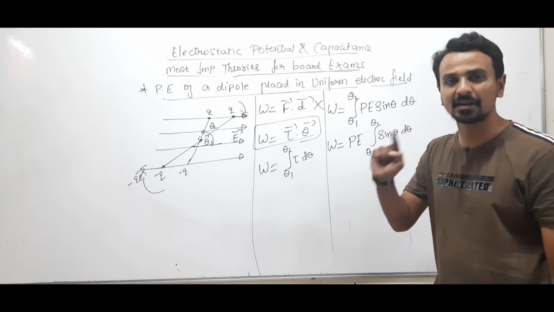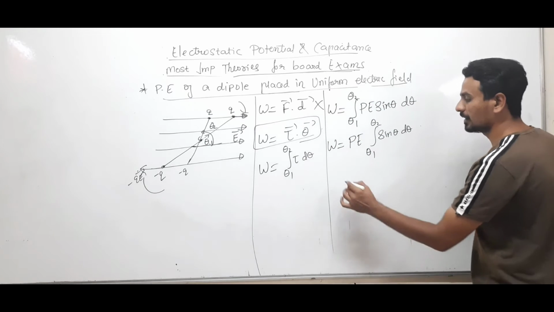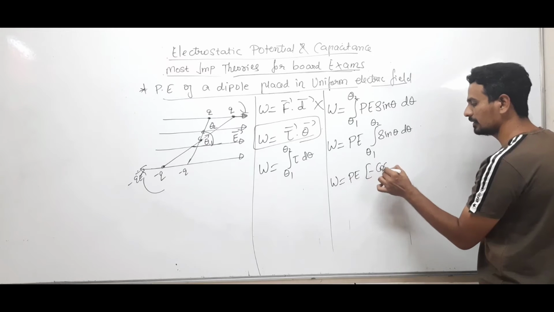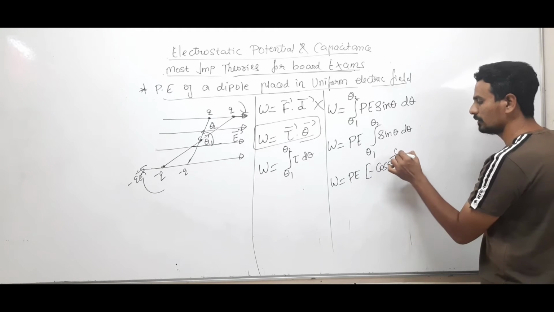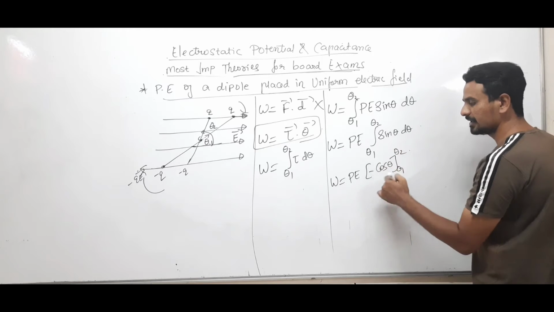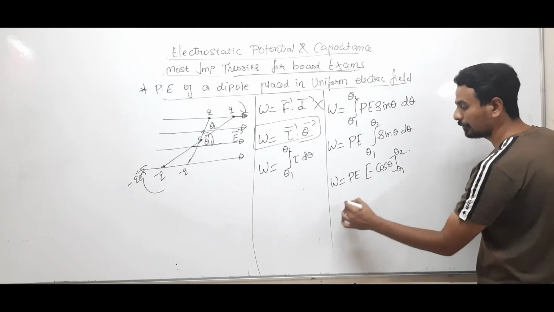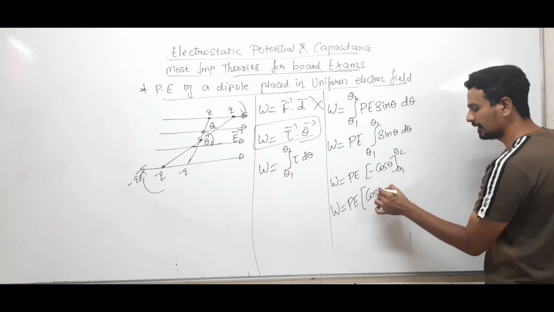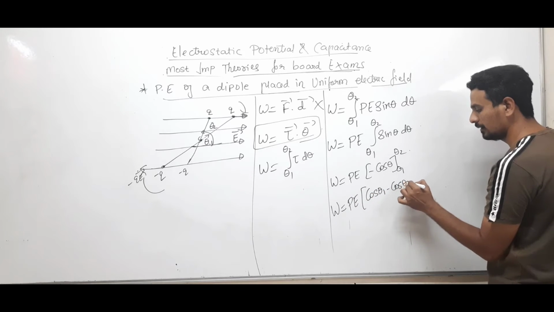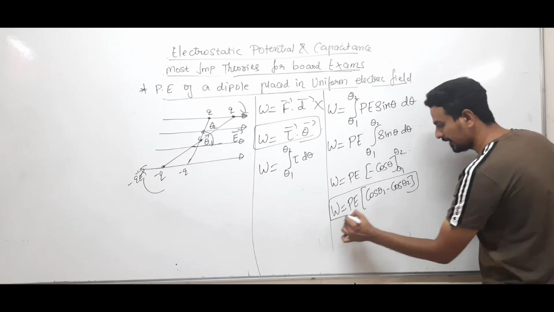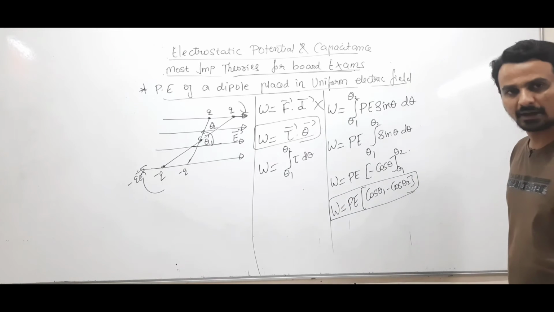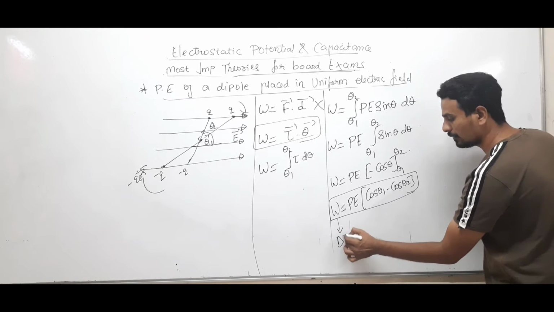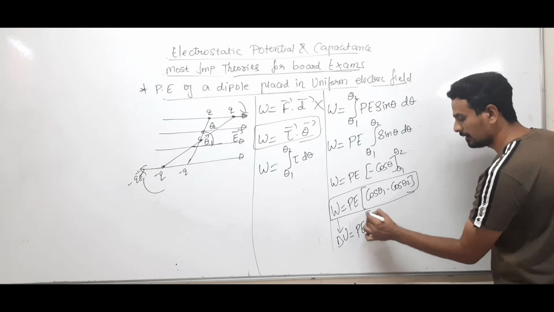Differentiation is plus, integration is minus. So work done is equal to P E minus cos theta, theta 1 to theta 2. I can interchange the limits and forget the negative sign. Work done will be P E cos theta 1 minus cos theta 2. Clear? This work done is equal to the energy stored, the change in potential energy.